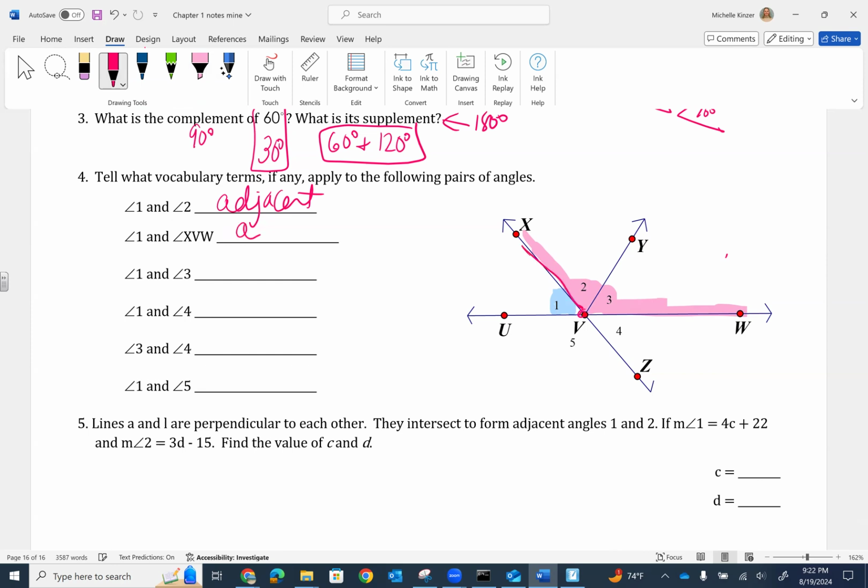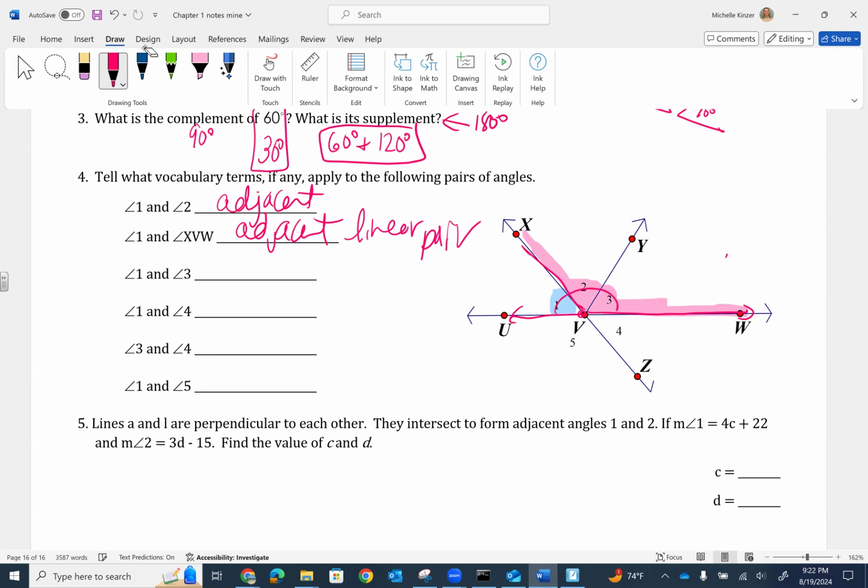So they're going to be adjacent, but they're also going to be a linear pair. Notice they have the opposite rays going on, don't they? And this makes 180 degrees.